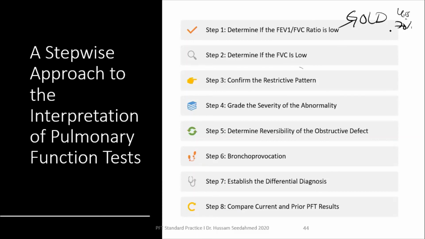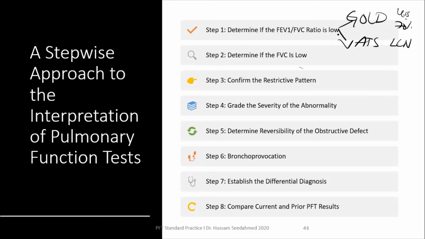The second option is to follow the ATS criteria, and as I told you before, the ATS criteria use the lower limit of normal as a cutoff. Most of us are familiar with GOLD.